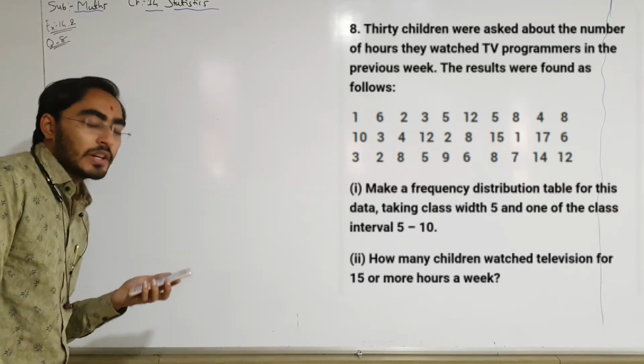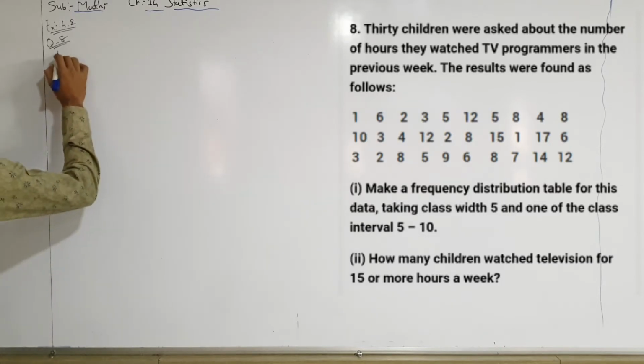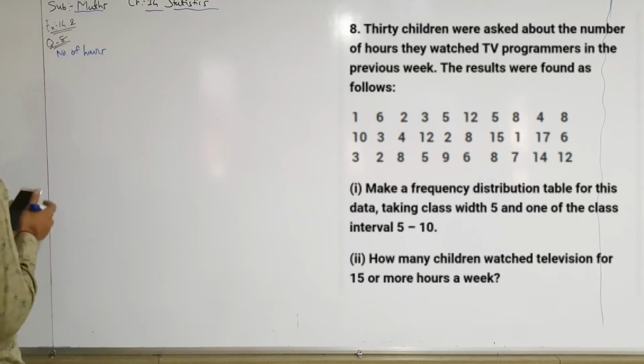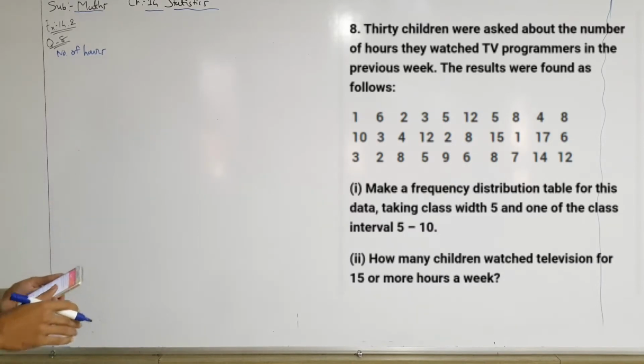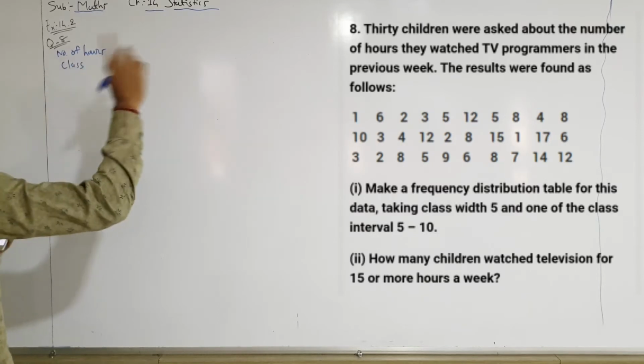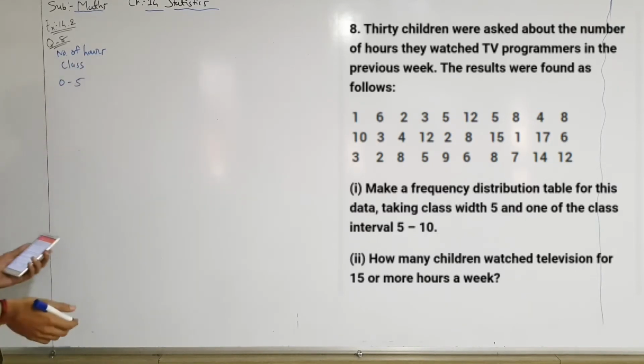So first of all, the number of hours is given to us. Now here we need to write the class intervals, right? Our minimum value is 1, so we need to cover it. So our first class is 0 to 5.